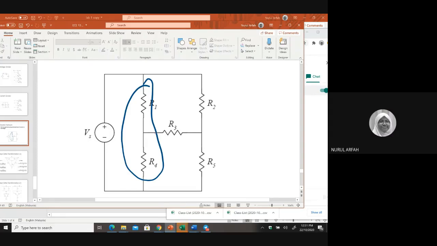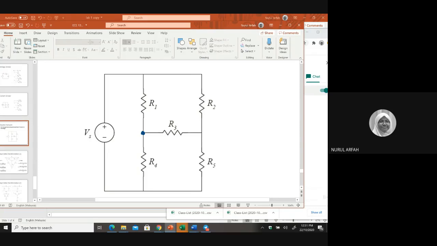Wait. If R1 and R4, what about this one attached to this one? They are not in series, right? Because R3 is attached in the middle here. So this one should not be series. There's no series, right?